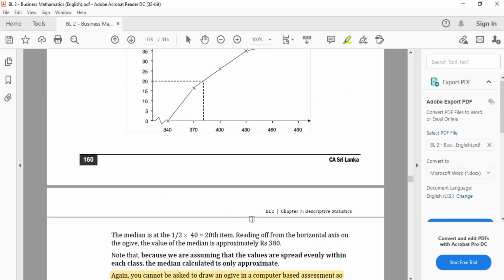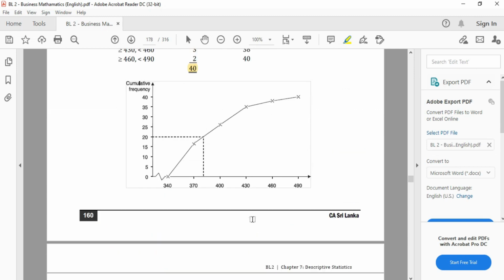So definitely I'm sure in the exam they'll give you the graph paper with the cumulative frequency on the side and the values horizontally, and you're supposed to find the median. First find which item number will give us the median value.